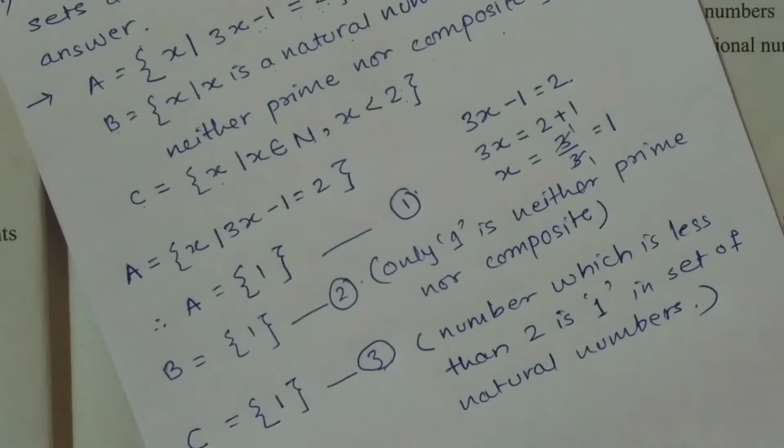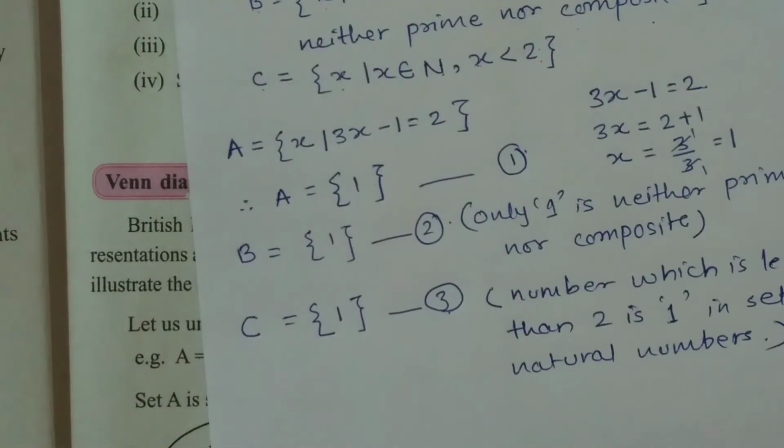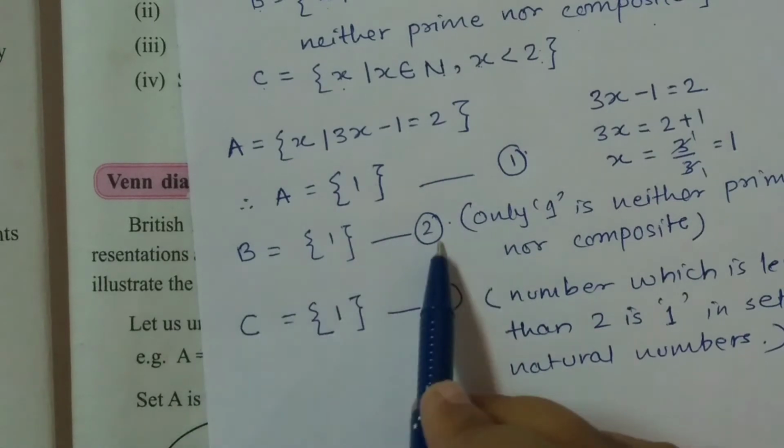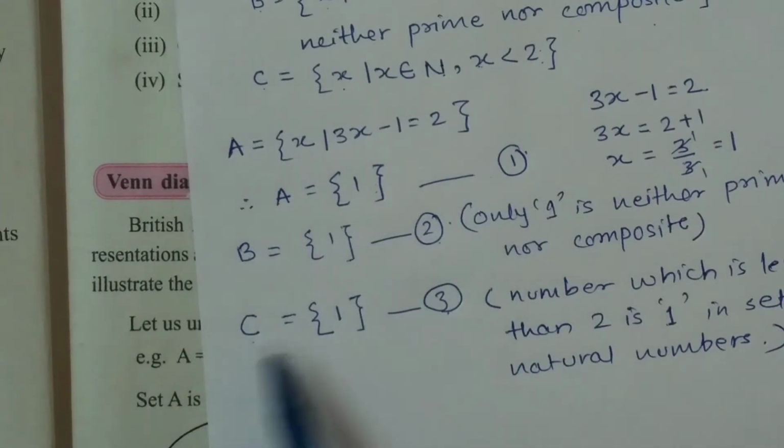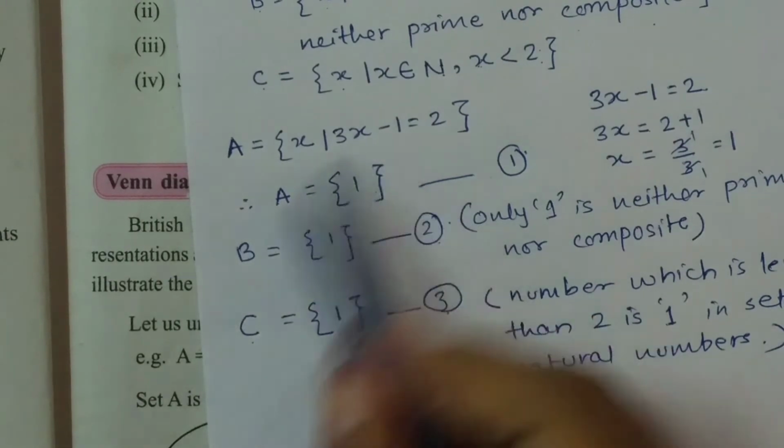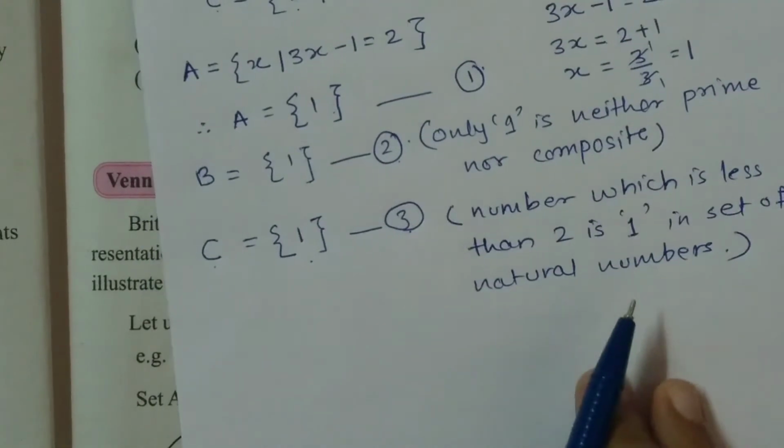This is our justification. Now observe equations 1, 2, 3. Set A is equal to {1}, B is equal to {1}, C is equal to {1}. All 3 sets are equal sets.